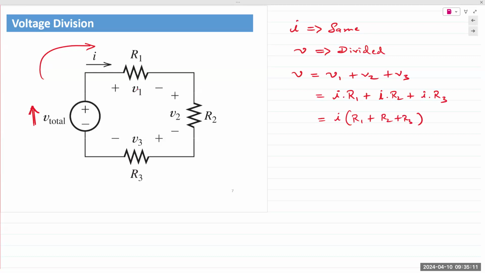So total voltage V, or let me just write down VT, is simply given by I times REQ. Right? I times REQ.